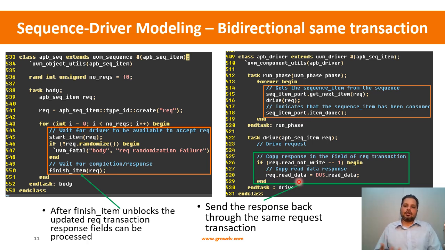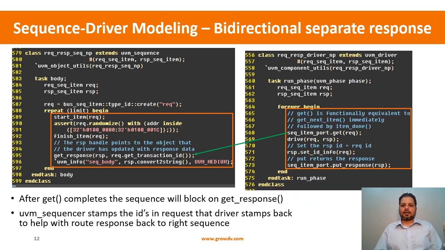So this way, using the same sequence item, we can communicate the response back to the sequence. This is the very simplest way to establish bidirectional communication between the sequence and the driver.